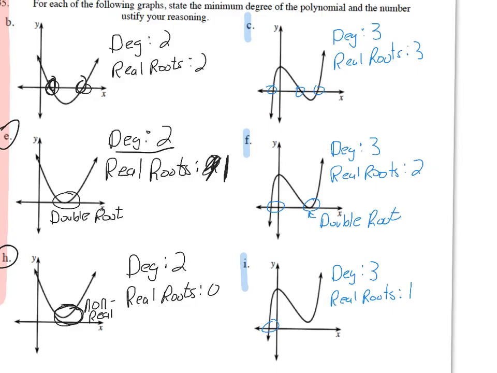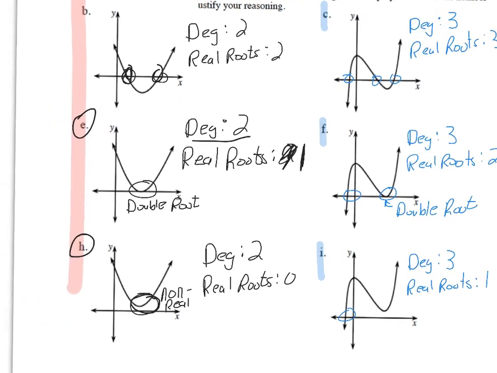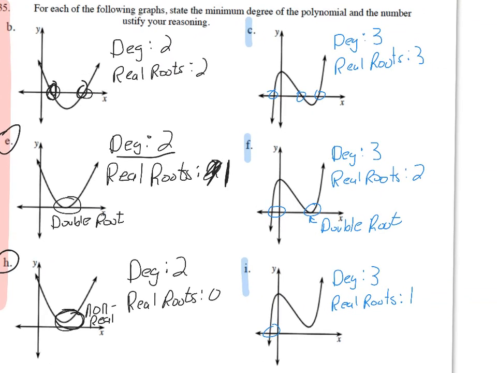Okay, welcome back. And in part C, your degree is 3 because it crosses the x-axis in 3 locations. That also then gives you the 3 real roots. In part F, the degree is still 3. There's only 2 real roots, but that 1 real root is a double real root, so it counts as 2 towards the overall degree, along with the other place where it crosses the x-axis, for a total of degree 3.